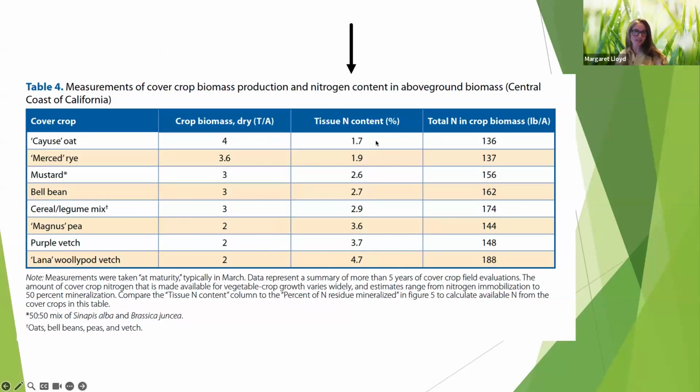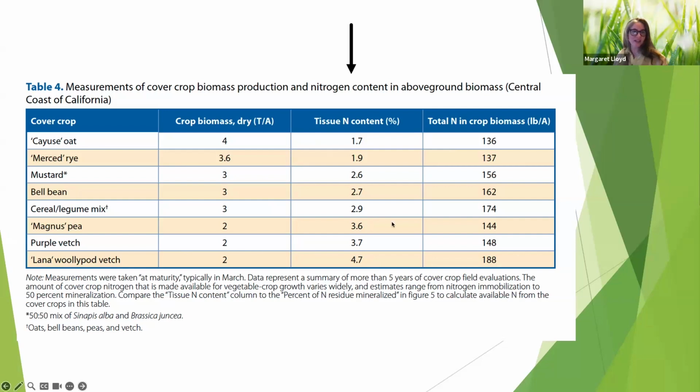So in that same table that's in your 8712 document, we have the averages for tissue N content. And you'll see the opposite of what you see for biomass. So the cereals provide high biomass, but have low tissue N content, about 1.7%. Whereas you go up to the Lana Woolly Pod Vetch at the bottom, and you have about 4.7% tissue N content.